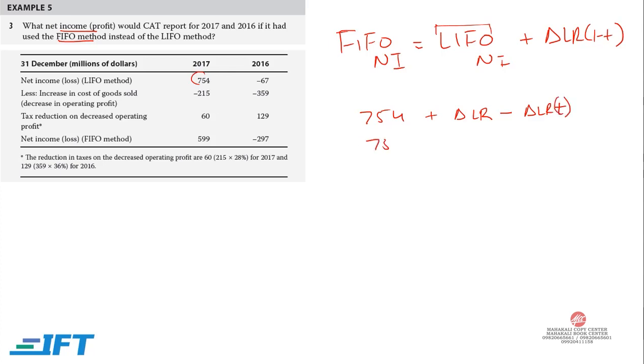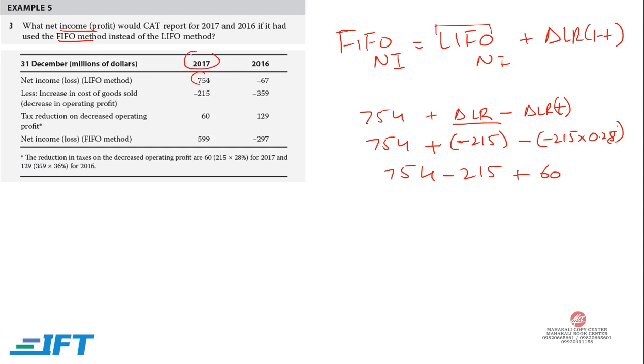Because our change in LIFO reserve is negative, we will subtract 215, minus 215 multiplied by 0.28. So this equation will be 754 minus 215 plus 60 for 2017.